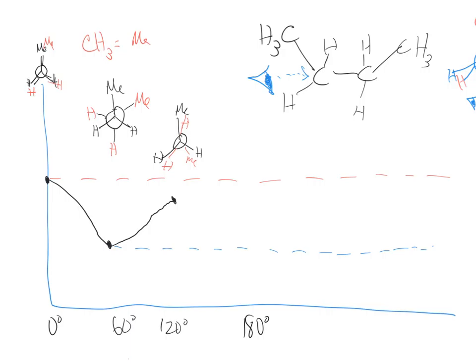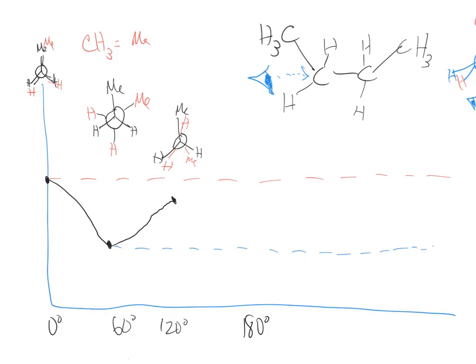Now, I had you do your own Newman projections for it, but with the 180 compared to 120, is it going to be higher in energy or lower in energy? Is this higher or lower in energy than 120? Lower.